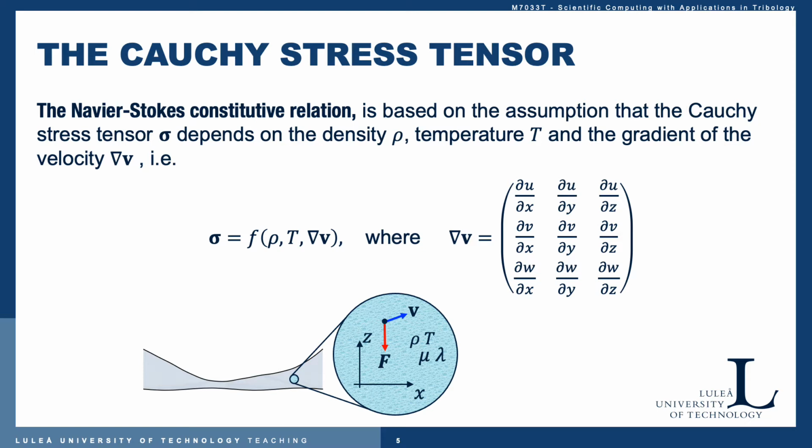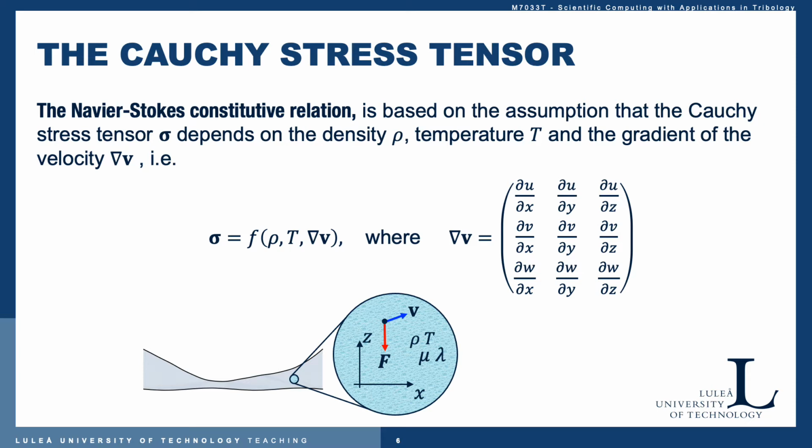And this means that the stress acting on a fluid particle here in the figure down below is actually affected by these factors. So in the fluid particle element here, you see that it's affected by v, the velocity.